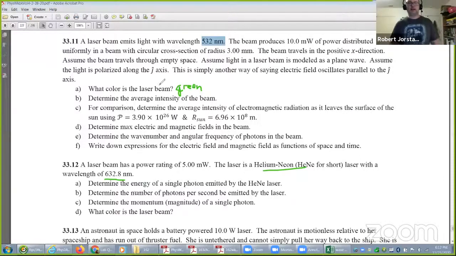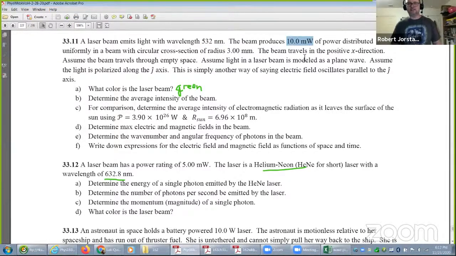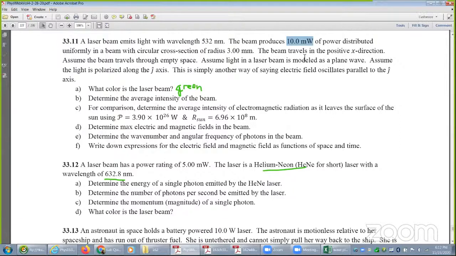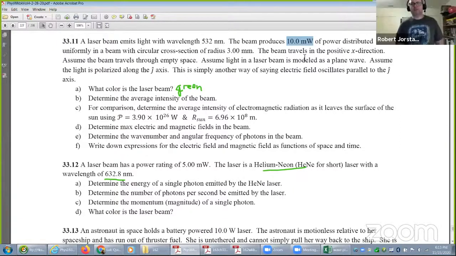How do I find the average intensity of the beam? So let's read this. It's got 10 milliwatts. Is this a strong or a weak laser? That seems like a relatively strong laser. It is. Anything over 5 milliwatts can cause permanent blindness.